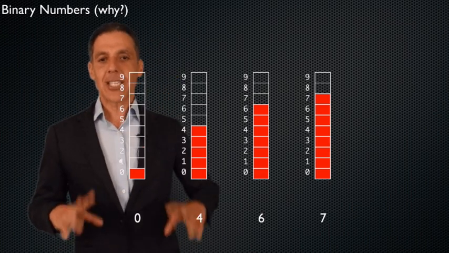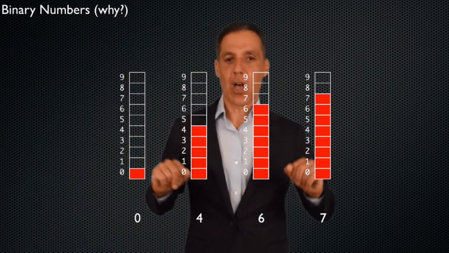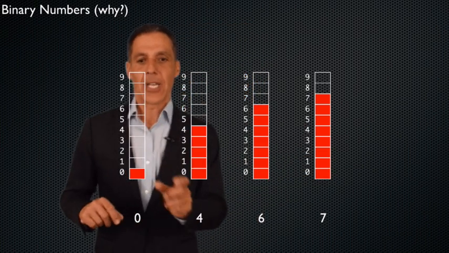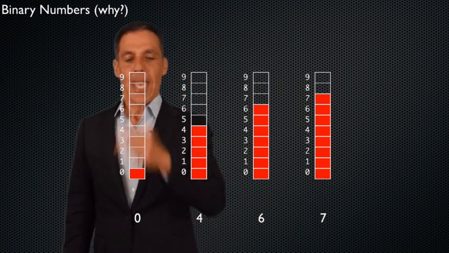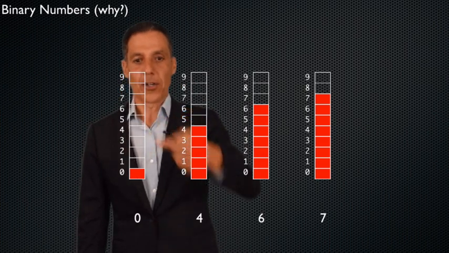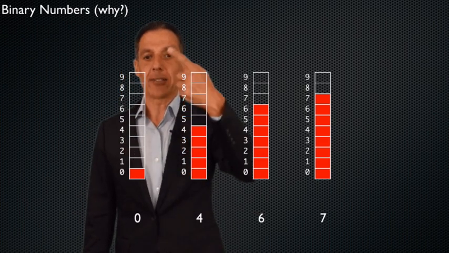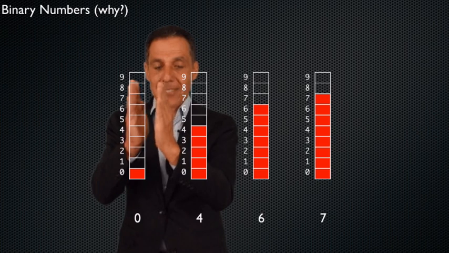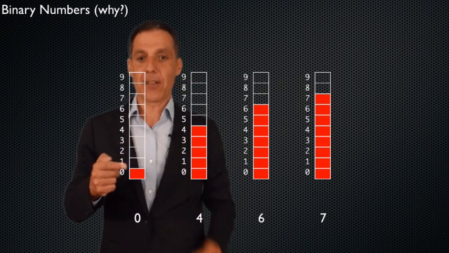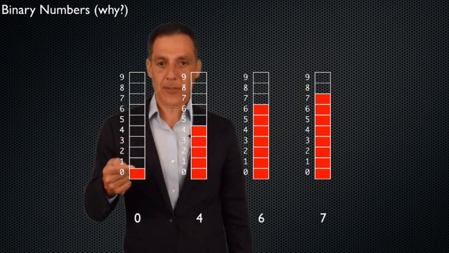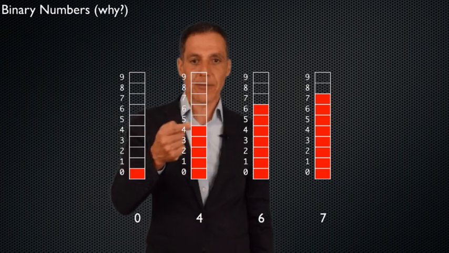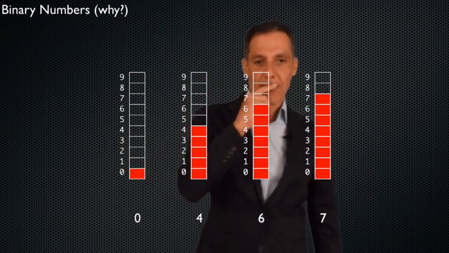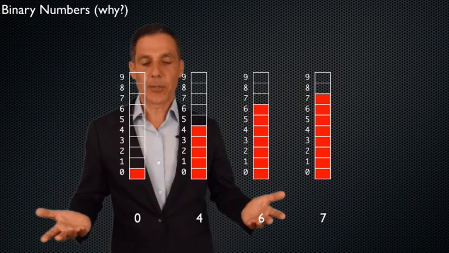Let me do an analog to how the electrons work: I have a little test tube, and I fill that test tube with water to the level that corresponds to the number, and then that test tube represents that number. So here's a 0, it's filled up to level 0. Here's a 4, it fills to 4, 6, and 7. Nothing wrong with that, perfectly fine.